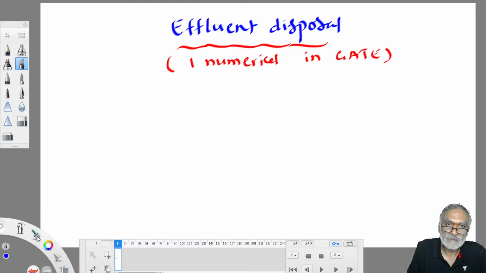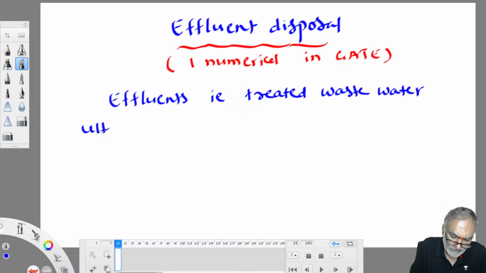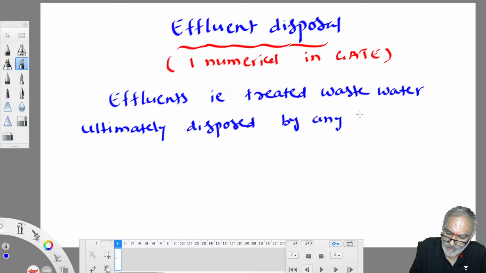Effluents means the treated wastewater. After treatment, it's called effluent. That is treated wastewater, ultimately disposed back to nature by any one of the following methods.